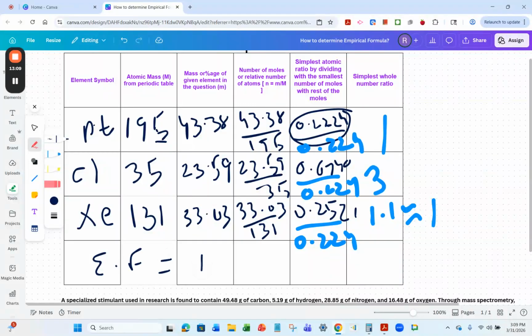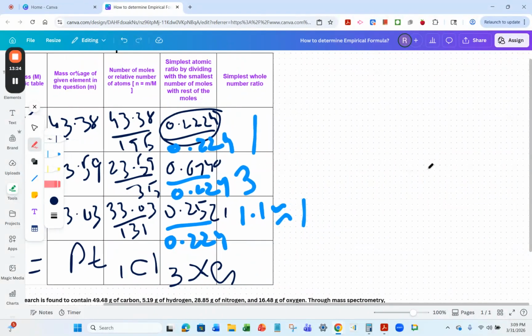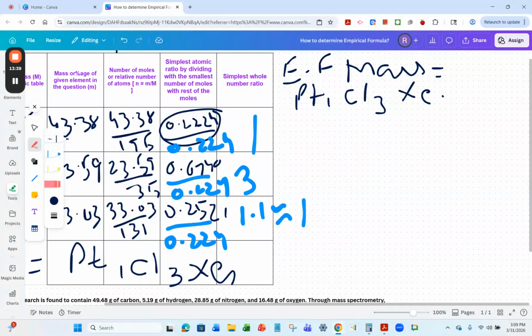My empirical formula is platinum 1, chlorine 3, xenon 1. But we have to find the molar mass and the molecular formula. So first find the empirical formula mass from the empirical formula, which is platinum 1, chlorine 3, xenon 1.